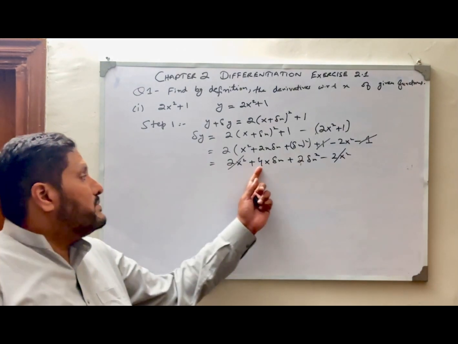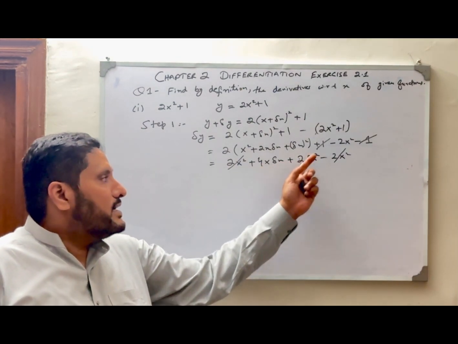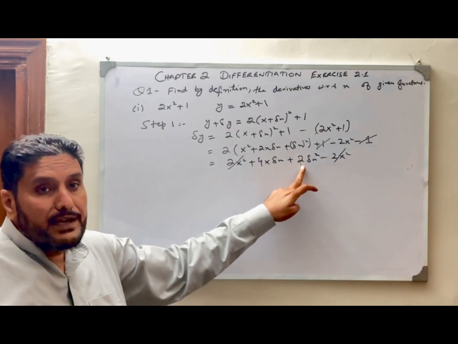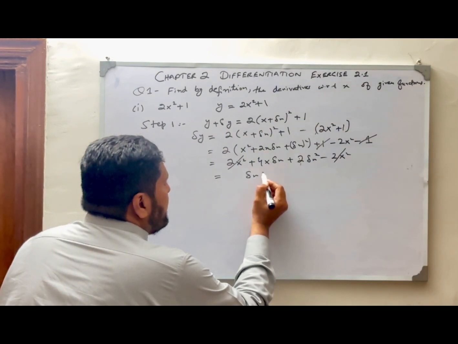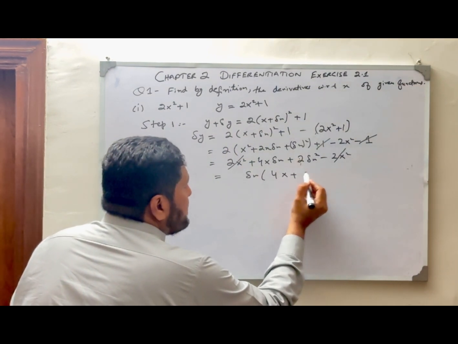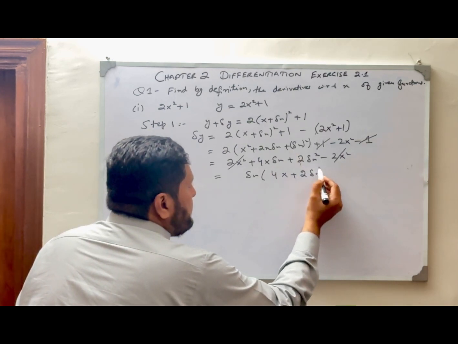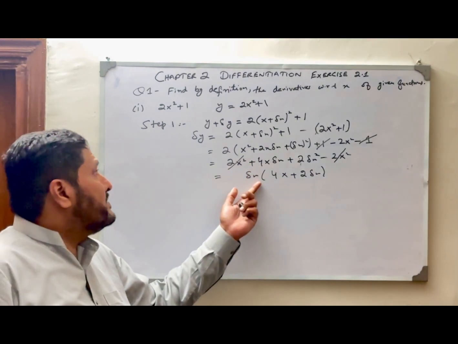So our remaining terms are 4x delta x plus 2 delta x whole square. In these two terms, by taking delta x common, the remaining term will become 4x plus 2 delta x. So we have simplified this term.